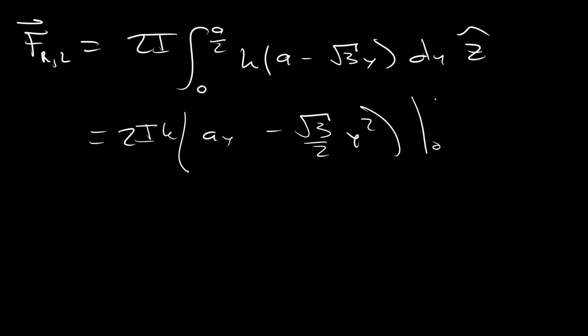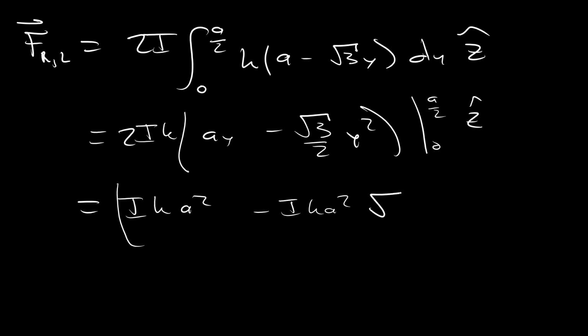We can plug in the bounds that we're evaluating on, and we're going to end up getting I k a squared minus I k a squared root 3 per 4 z hat. Now all we need to do is just add all our forces together. So here's what we have for the right and the left. We got the bottom earlier.